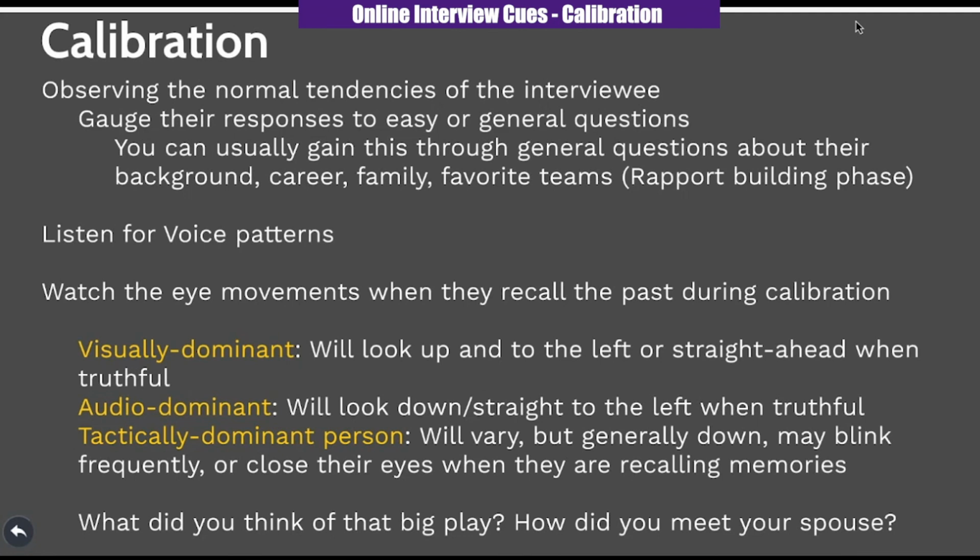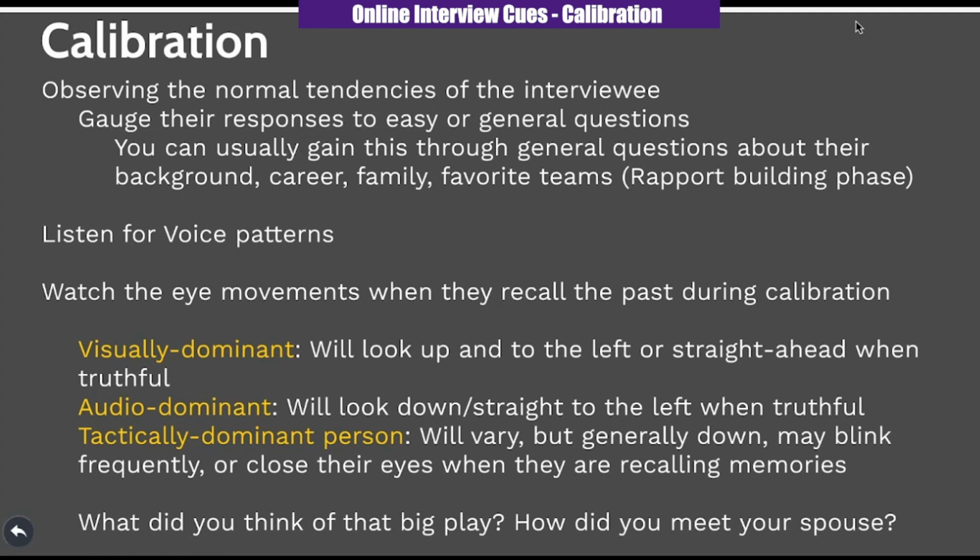What do they normally sound like? How are they normally coming across when they're relaxed and comfortable answering these general questions? Watch their eye movements, because it will be an indicator later on. This is one of the reasons why you want to ask them about their past, because it'll give you an identifier for whether they're visually dominant.